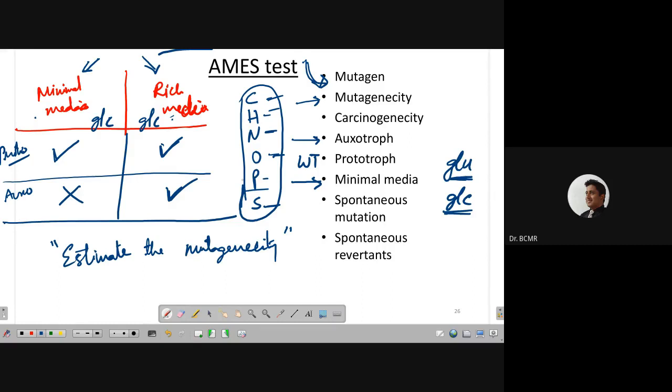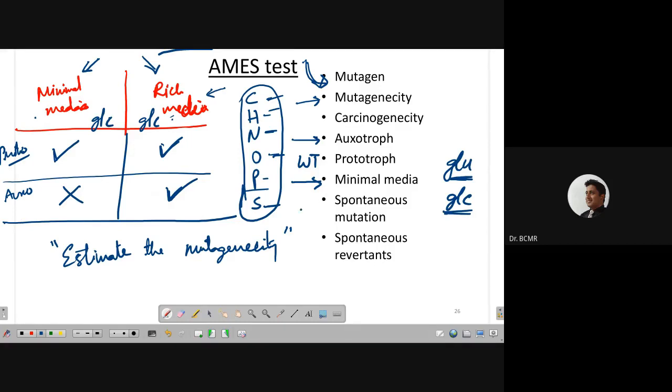That is opposed to rich medium, such as nutrient agar or nutrient broth, where we give yeast extract and so on. That means it has a lot of peptides, amino acids and proteins, which are taken up, digested to amino acids and used readily.